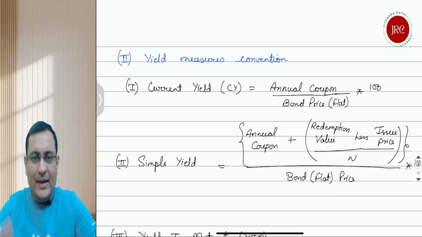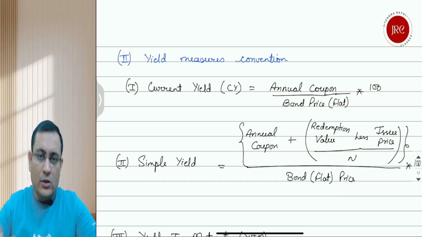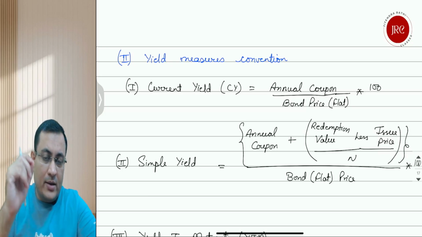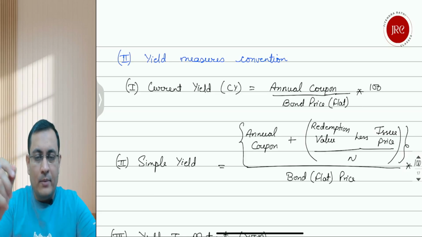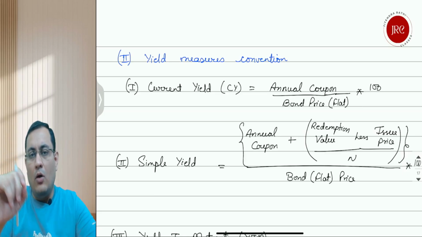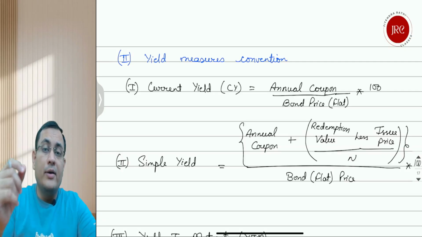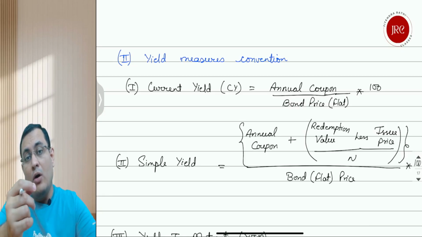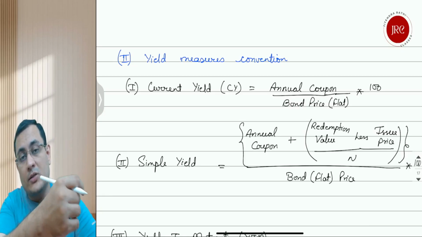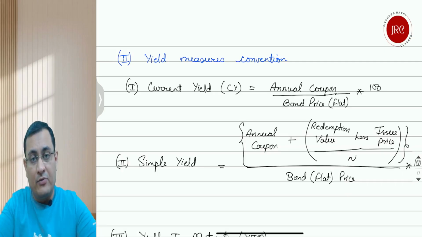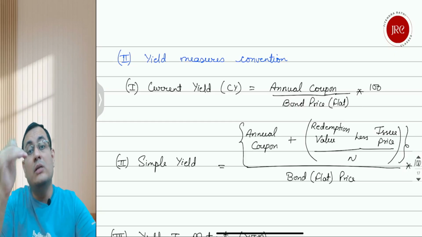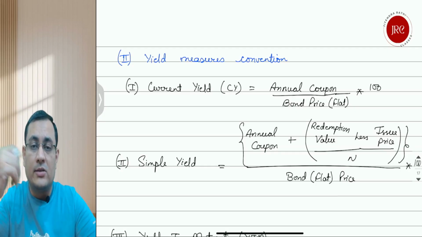Second is simple yield. Again, simple yield is also an annualized yield, but it considers not only your current coupon but also the gain or loss you are going to generate by purchasing the bond at a premium or discount to face value and redeeming at face value or par value. That additional gain or loss is considered here in the form of amortized income.